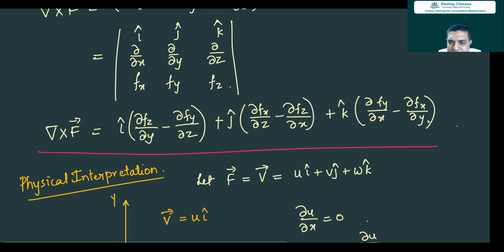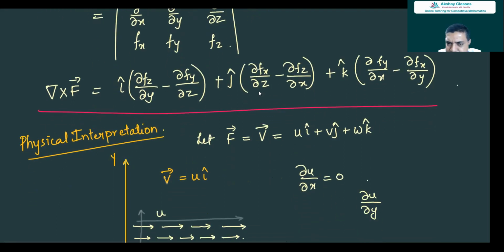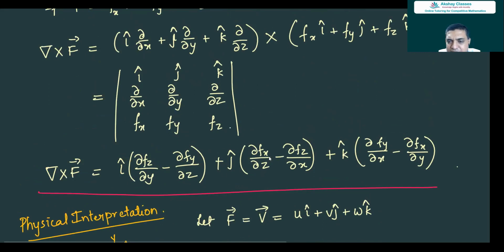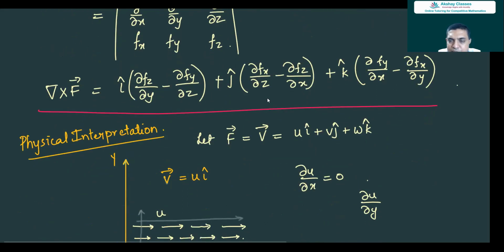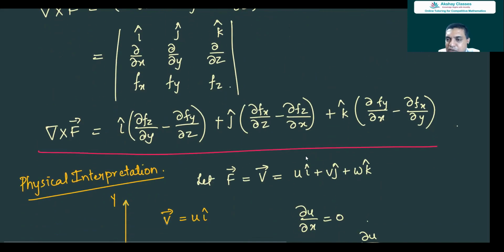So all the other components will be 0. Fx is u, Fy is 0, Fz is 0. So now what we get for curl, we'll get two components. With respect to z also, we are not considering, so this term is also gone, and we are left only with this term.